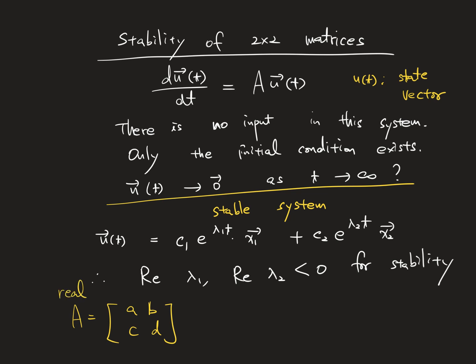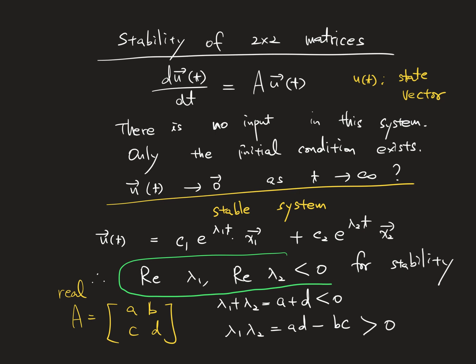As we know, λ1 + λ2 is the trace, so a + d should be negative, and λ1 λ2, which is ad - bc, should be positive, because the real parts of λ1 and λ2 should be negative for stability.